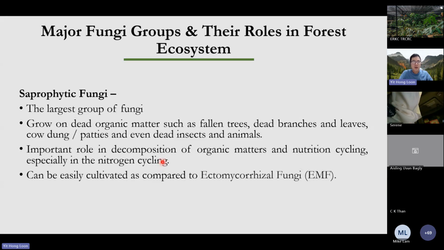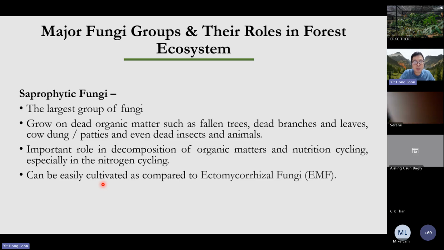You know, okay, this type of mushroom actually can be easily cultivated. Okay, you can grow this kind of mushroom at home or in the mushroom farm, because to grow it you just need organic matter like sawdust, bean husk, or whatever organic material.